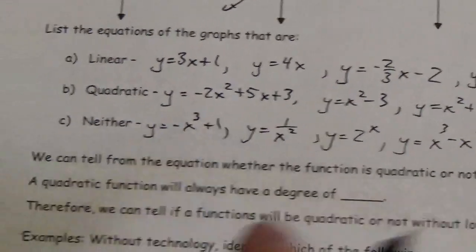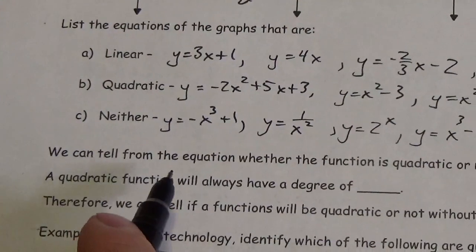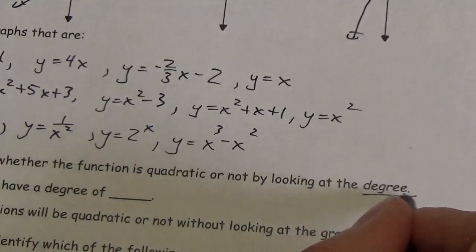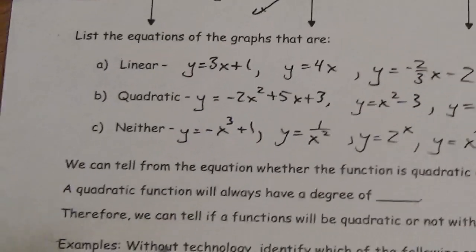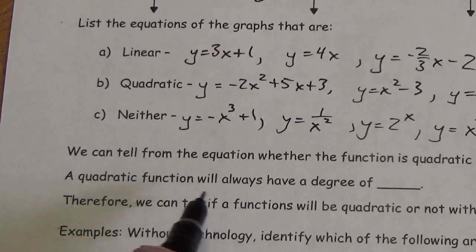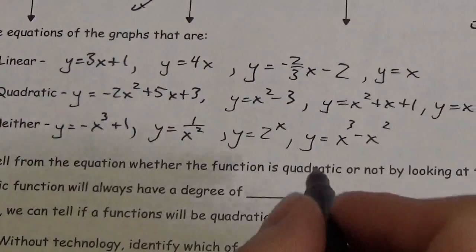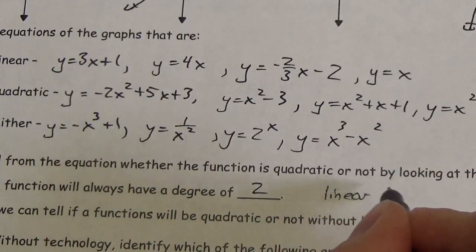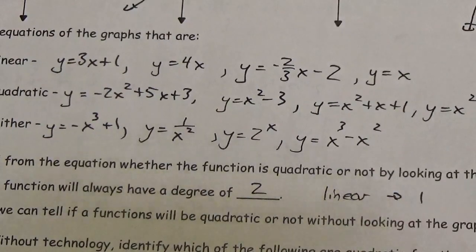Okay, so we can tell from the equation whether the function is quadratic or not by looking at the degree. Okay, so a quadratic function will always have a degree of, and here's the big thing, 2. A linear will always have a degree of 1.